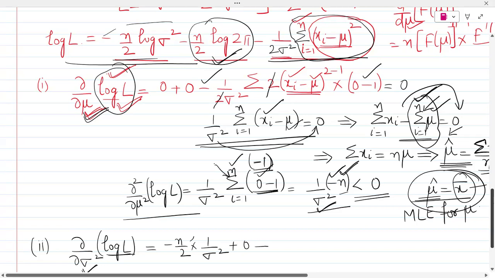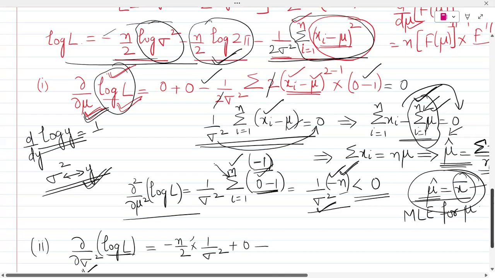Look carefully. We replace sigma square by another symbol, say y, so we are differentiating with respect to y. This term is log sigma square, so it is nothing but log of y. And the derivative of log of y with respect to y is 1 by y.